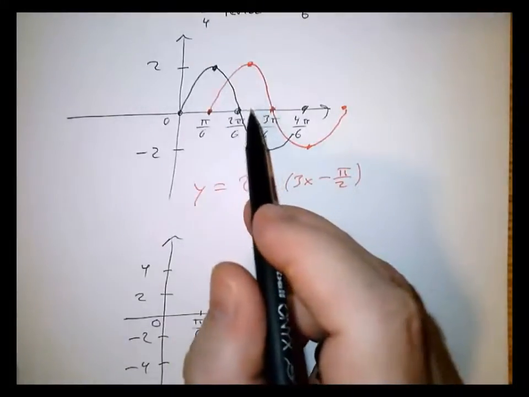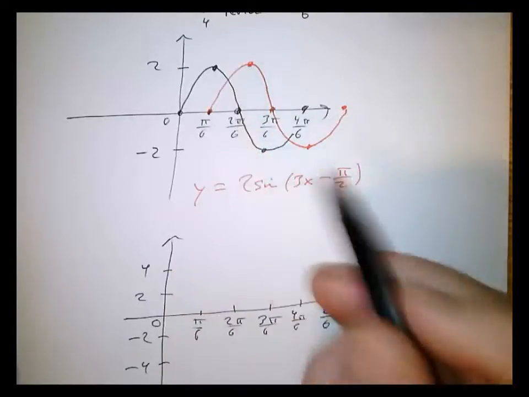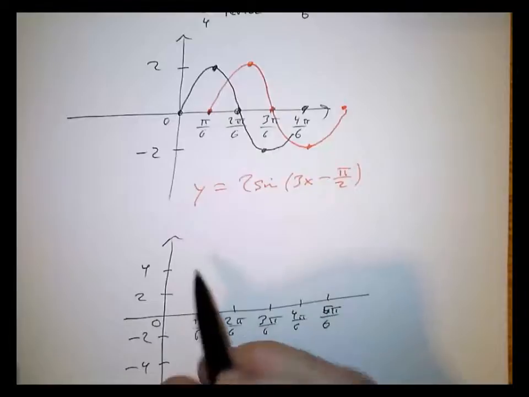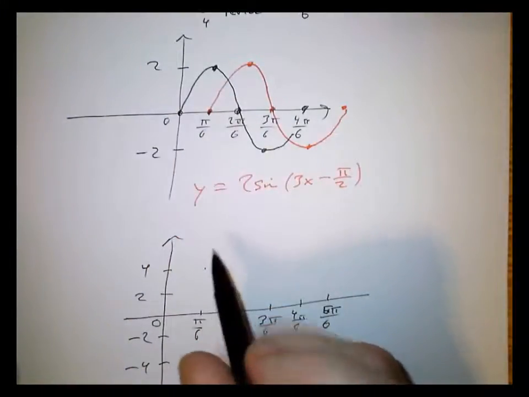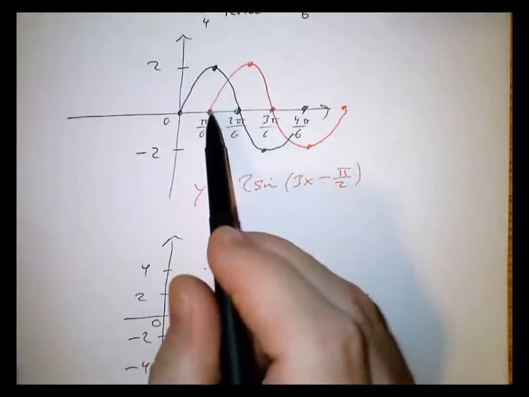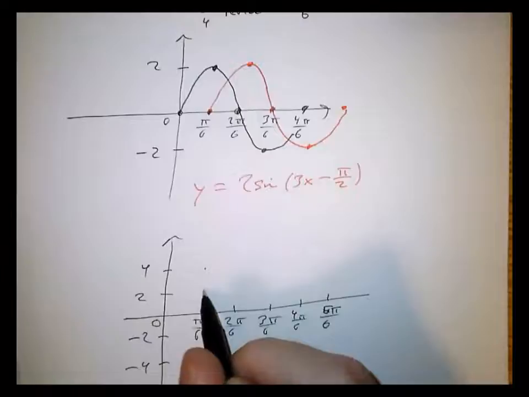So now look at this graph up here. I'm going to add 2 to all of these coordinates. So at pi over 6, instead of being up here at 2, I'm going to be up here at 4. Now, at pi over 6, instead of being at 0, I'm going to be up here at 2. Right?